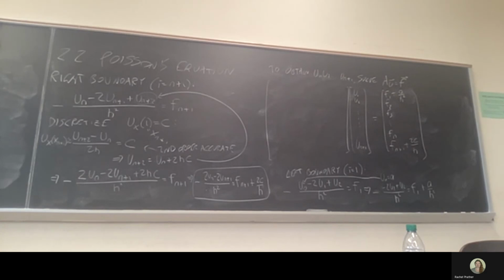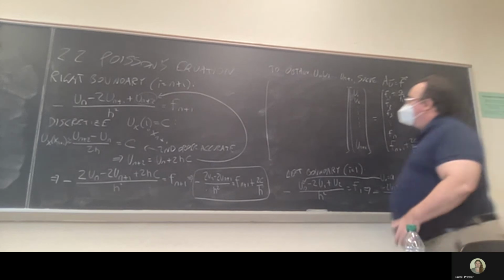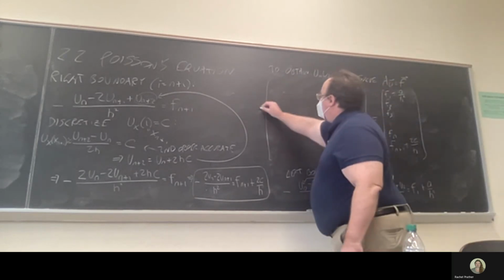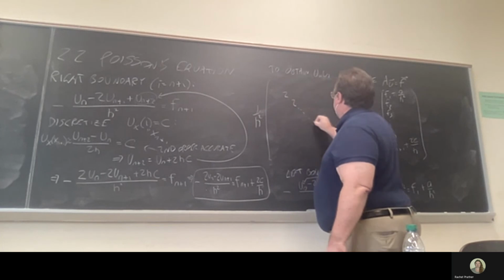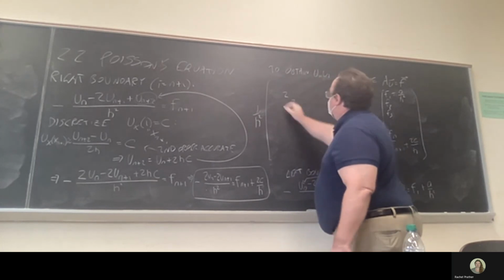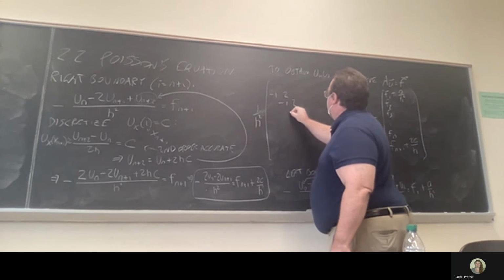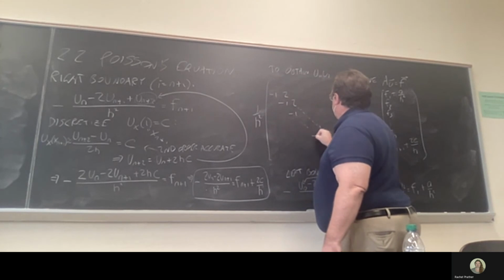Now to fill in the matrix, we take whatever is multiplying the u values. Now, for all the equations in the interior, we had the centered difference approximation. So that's going to have 1 over h squared, I'll pull out front, 2's down the diagonal, and then minus 1's to the left and right.